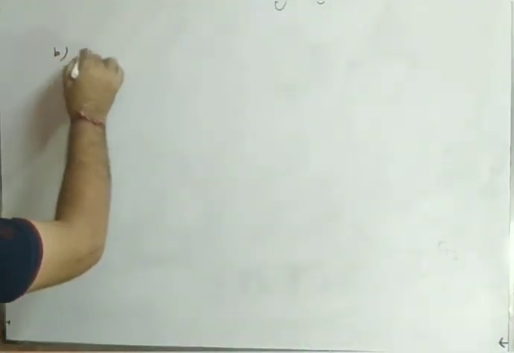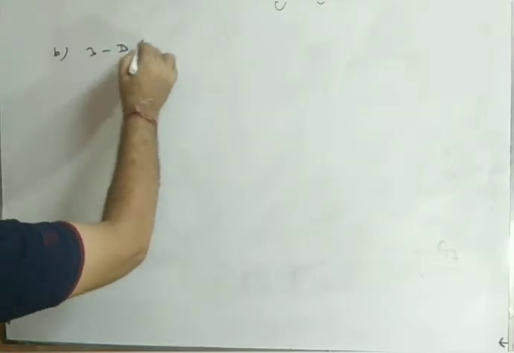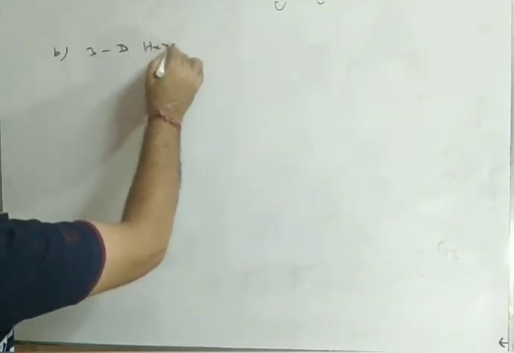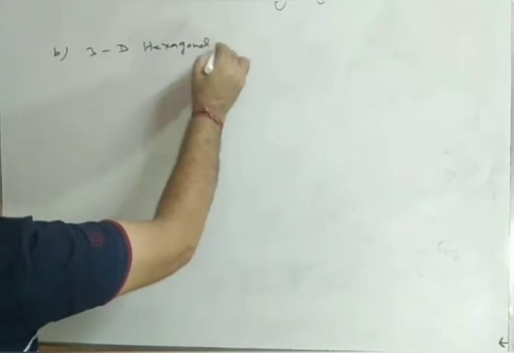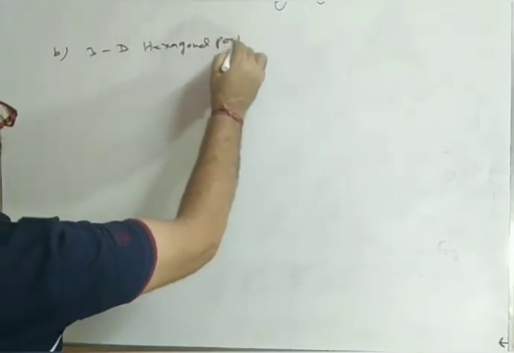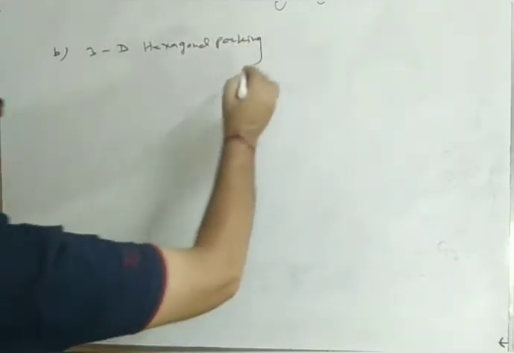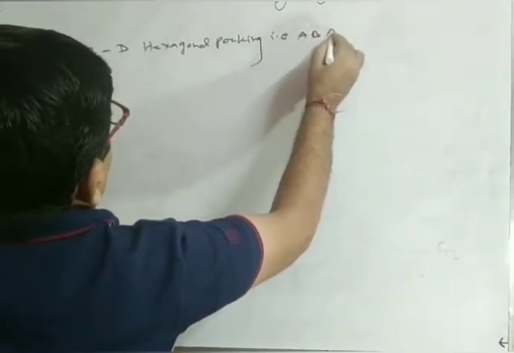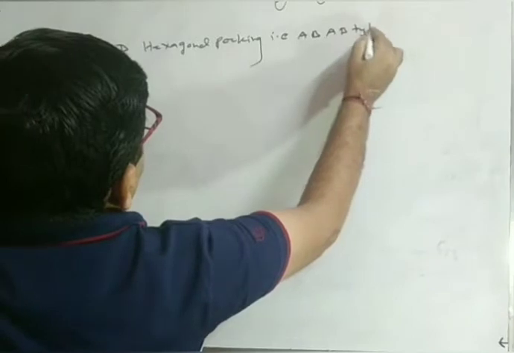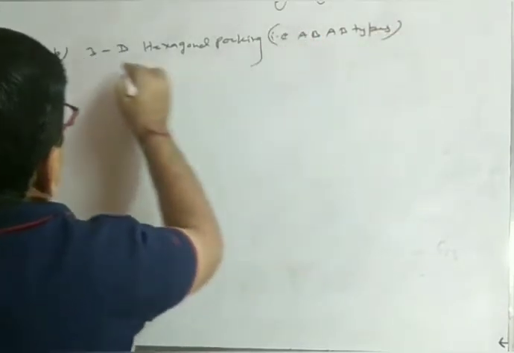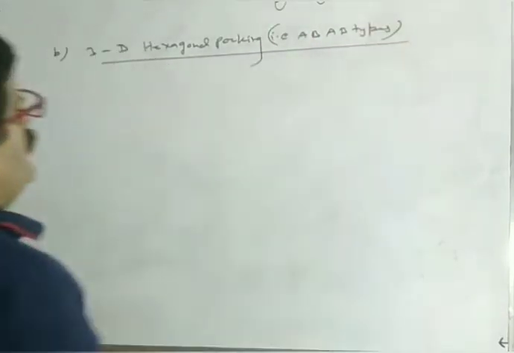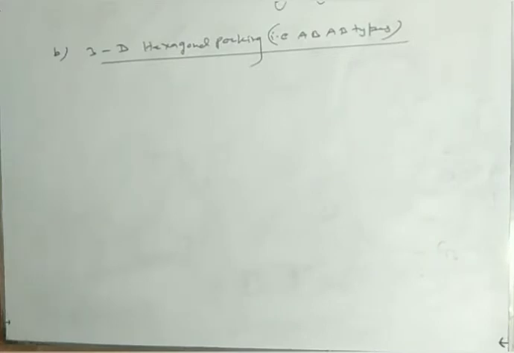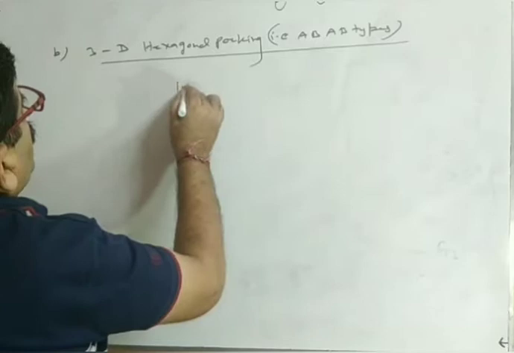So the next packing is 3D hexagonal packing, that is AB type. It is similar to two-dimensional hexagonal packing. Look at this diagram.